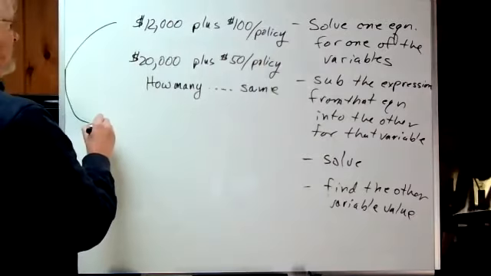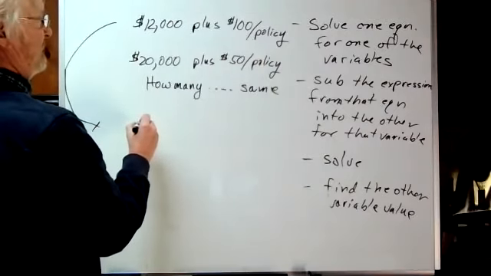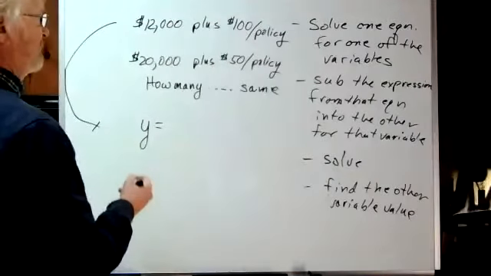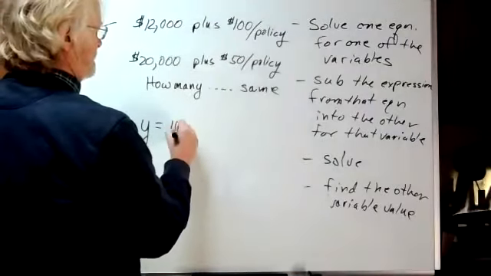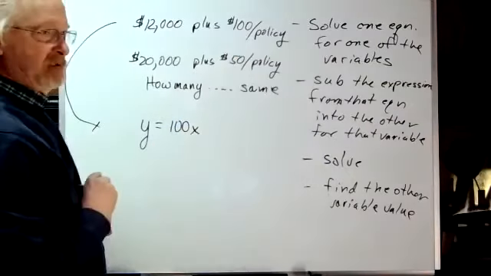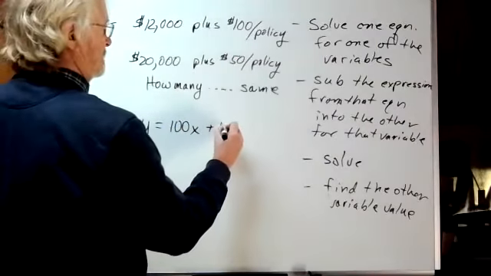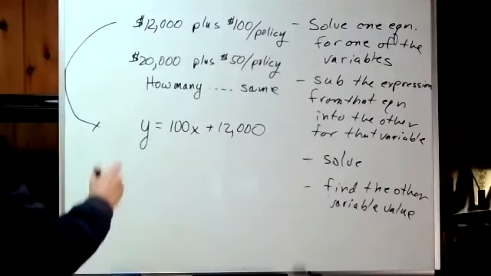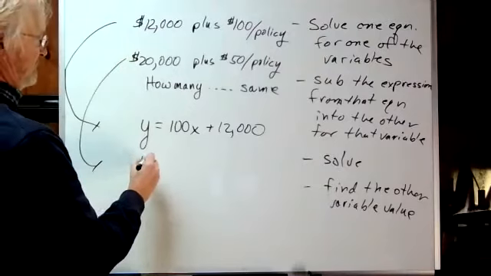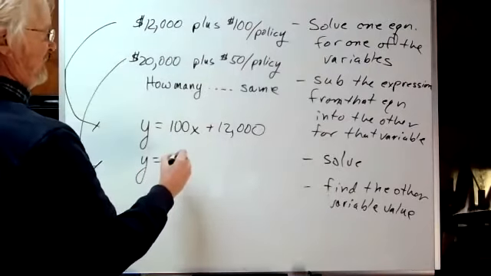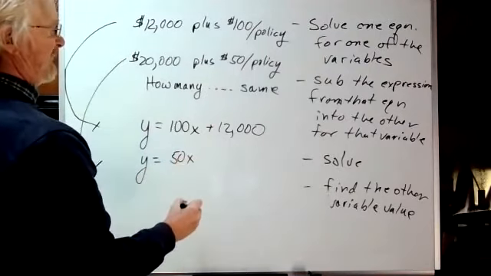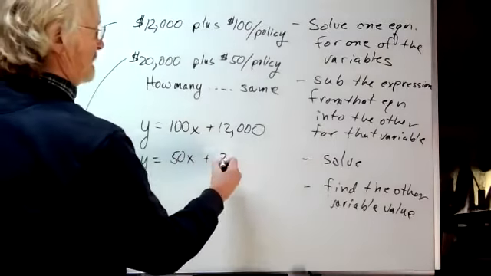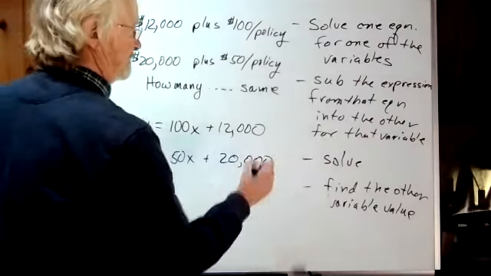So that first one, I could say, let's say y for her total earnings, right, is $100 for every policy she sells plus $12,000. The other company, her earnings would be $50 for every policy she sells, plus 20,000.